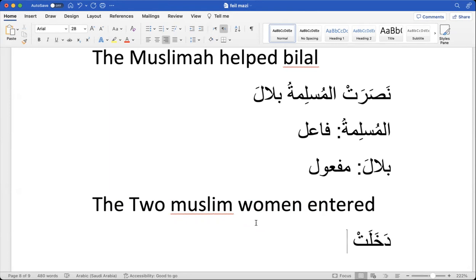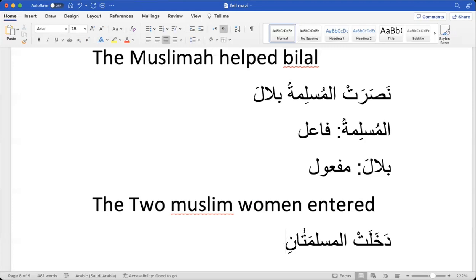Anyways, if you have forgotten it, it is Muslimatani. Muslimatani is two Muslim women. Like Muslimani is two Muslim men, Muslimatani is two Muslim women.